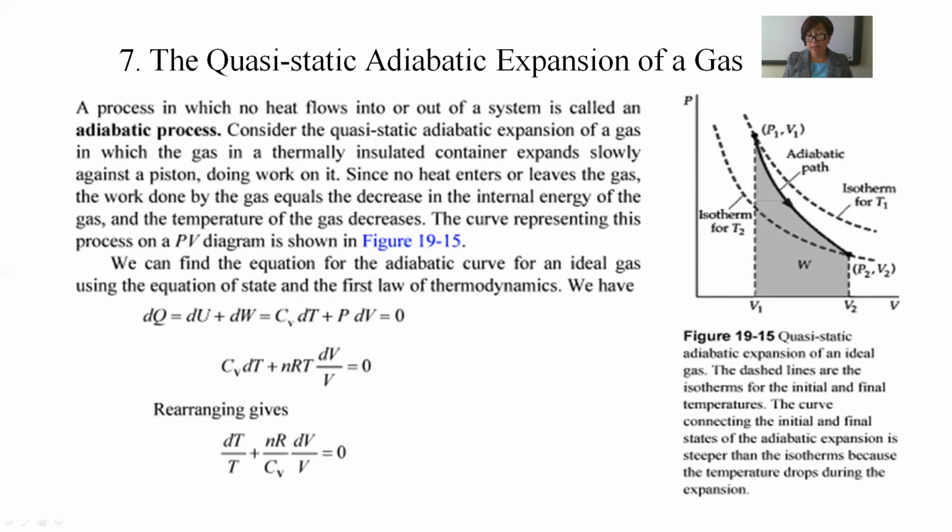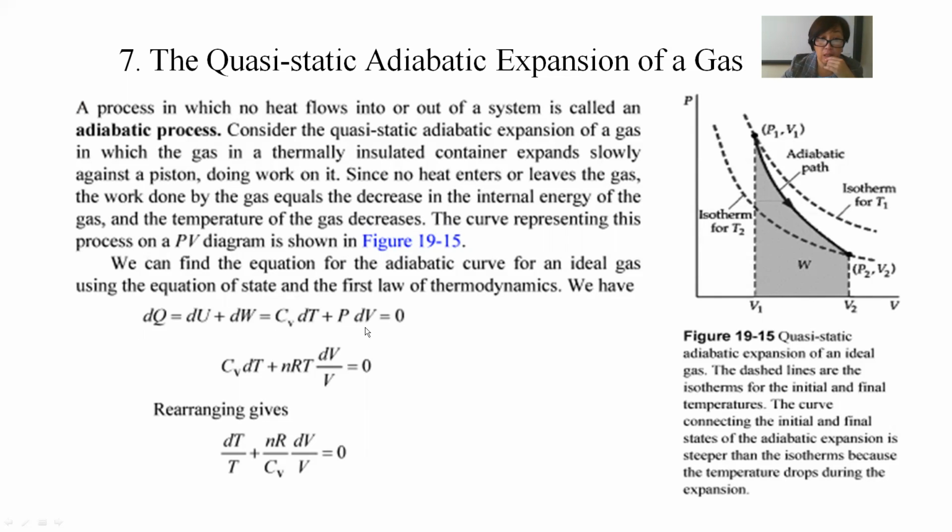We can find the equation for the adiabatic curve for an ideal gas using the equation of state and the first law of thermodynamics. We know the first law: dU, replaced by Cv dT, minus the work done by the system, P dV, equals 0, because in an adiabatic process heat equals 0.